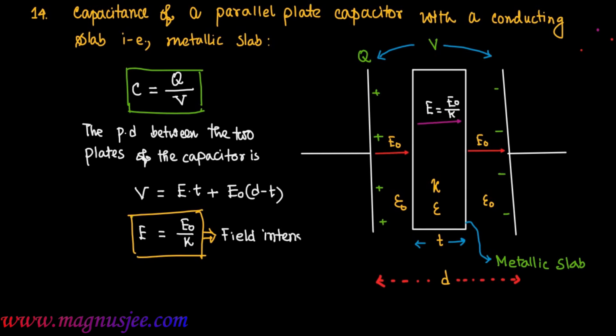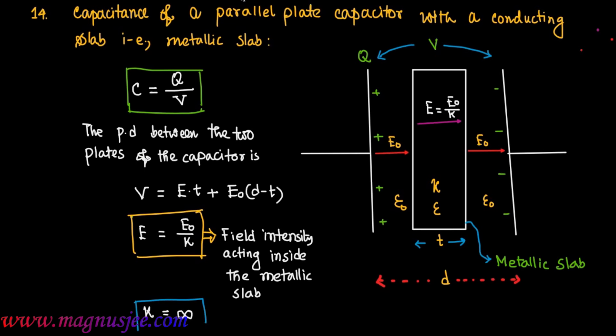E equals E0 by K, which is the field intensity acting inside the metallic slab. Now K is equal to infinity, which is the value of the dielectric constant for a metal or conducting slab.